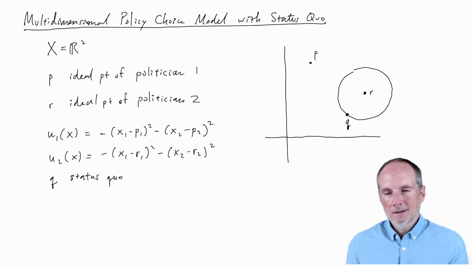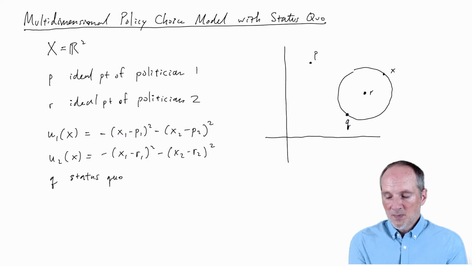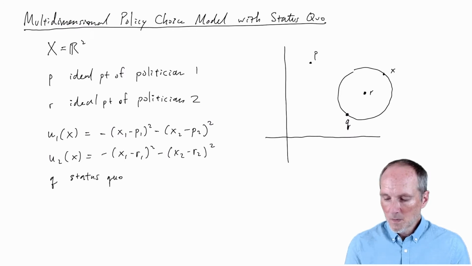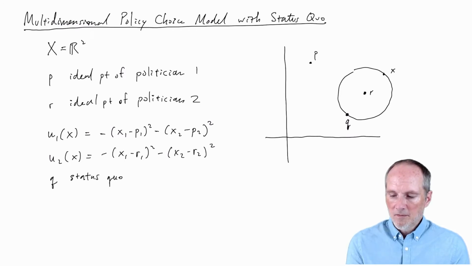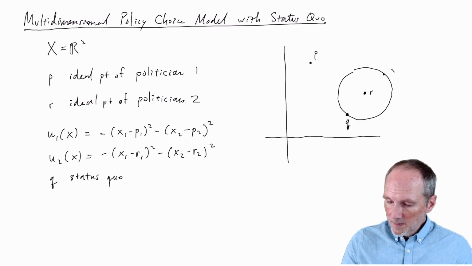There's still a little bit of ambiguity. What about a policy proposal that's on that circle? It's the same distance, so the second politician is indifferent between the status quo and that proposal. We could get this from a deeper analysis, but for now I'm just going to assume, like we did initially in the one-dimensional model, that when indifferent, the second politician accepts. So we figured out the second guy's acceptance decision.